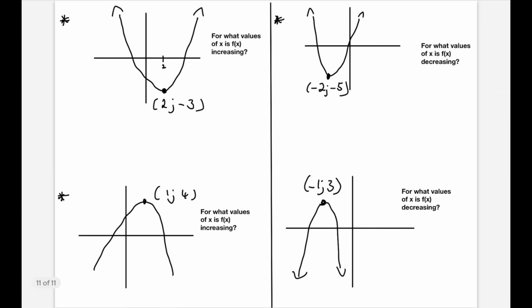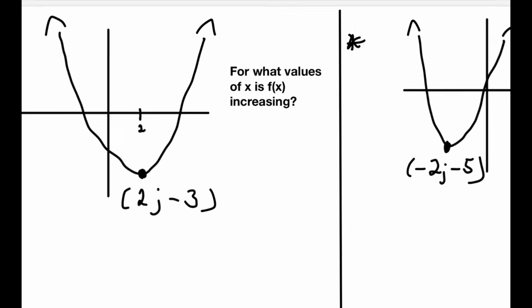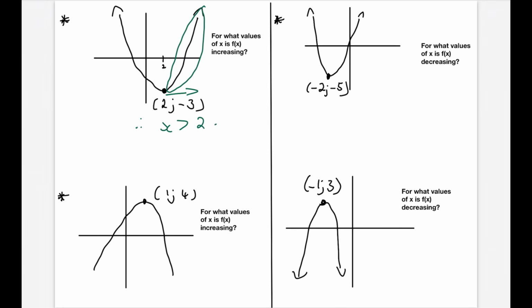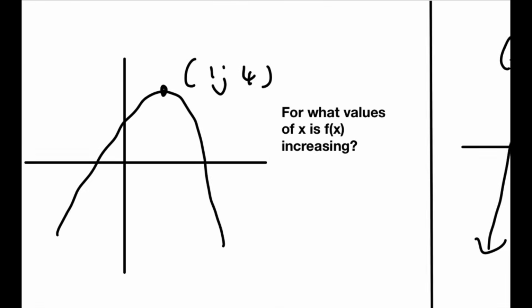The side that is upward is this one. This is downwards. So how do we represent this side that is upward sloping, the increasing side? Well, it's everything to the right of the turning point. So our answer is all x values bigger than 2. 2 is the x value of the turning point. So for this question, the turning point is very important.